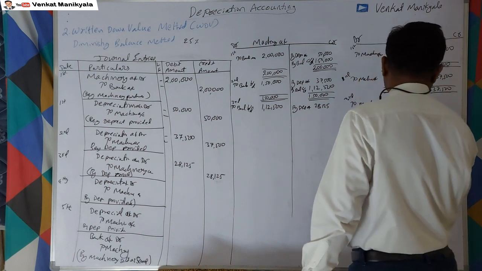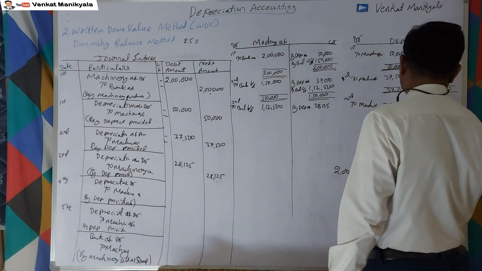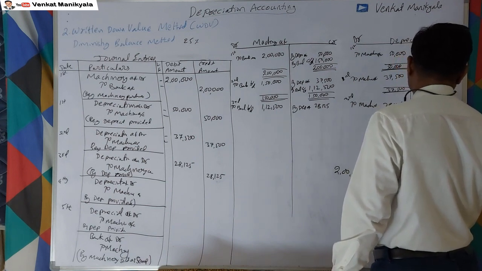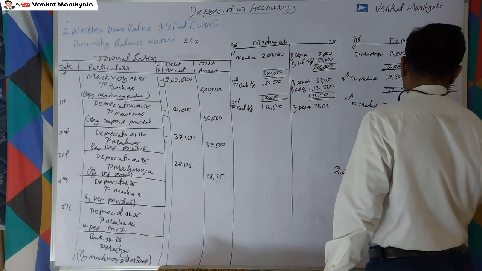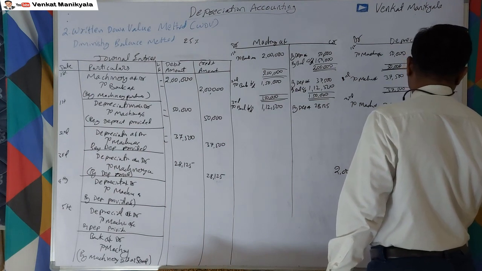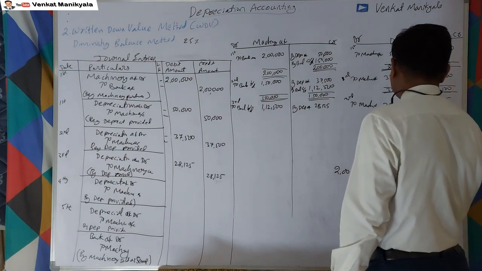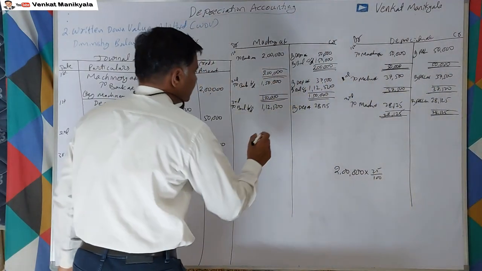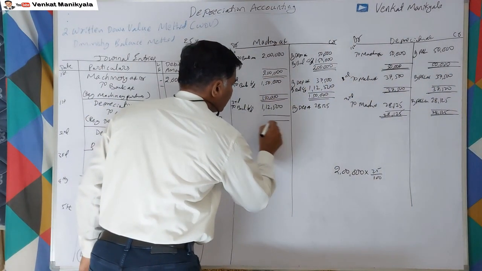This we can balance by transferring to P&L account. Depreciation account will always be closed because it's a nominal account. Machinery account we have to balance.